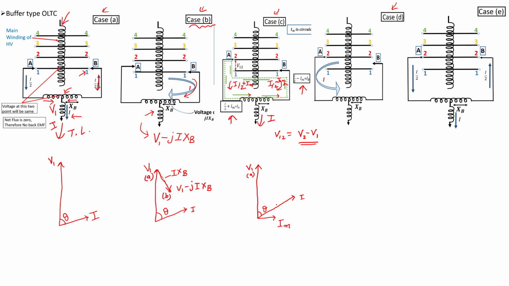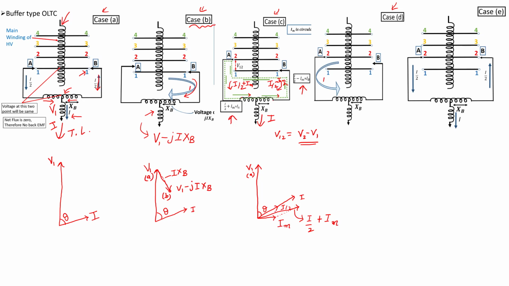Now let us see what is I by 2 minus IM and what is I by 2 plus IM. So this is I by 2, roughly here. So for I by 2 plus IM, I have to add phasors just like vectors. This phasor is I by 2, and this is I by 2 plus IM.